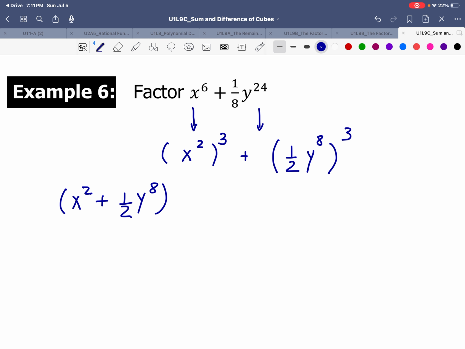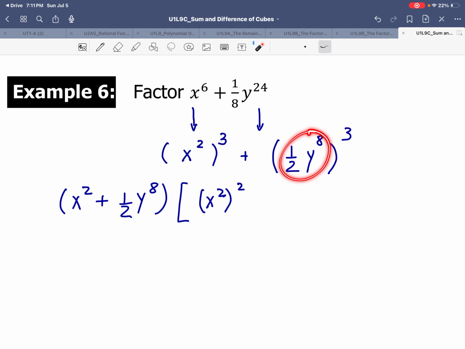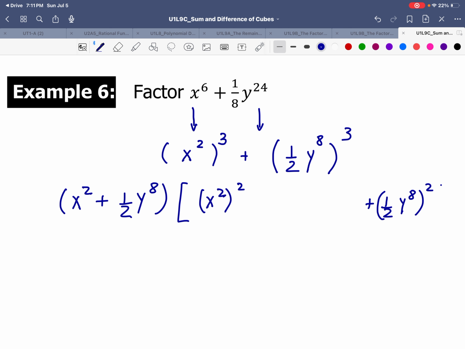The other factor will have 3 terms. So it will have x squared squared. So this thing in here squared. This thing squared at the end. So 1/2 y8 squared. And in the middle, we'll have that minus or the negative term. And that will be made of the product x squared and 1/2 of y8.